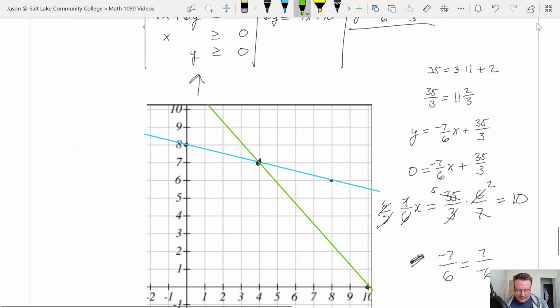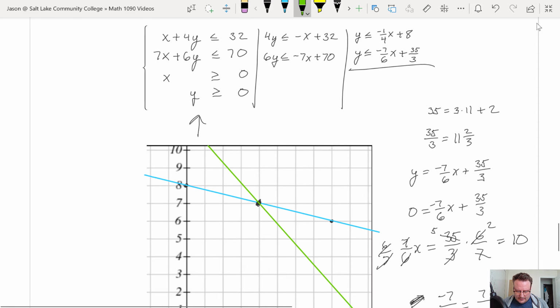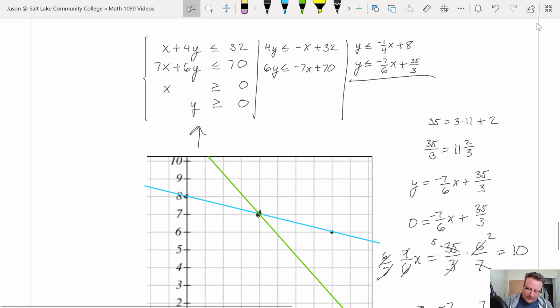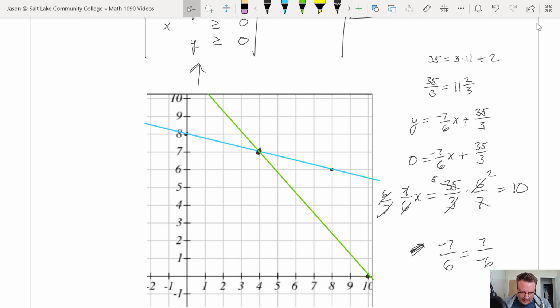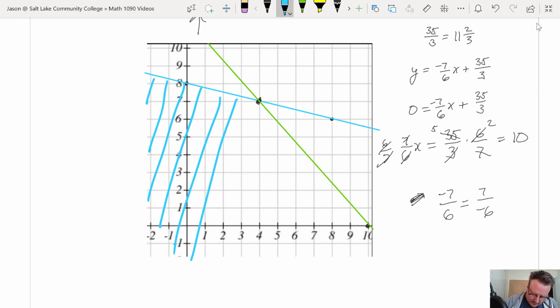Okay, now I need to find the region for both of these. Let's see, I'll do the blue one first. Does 0, 0 satisfy the inequality? Is 0 less than 8? Yes, it is. So that means I want everything below the blue line. Oops, I'm kind of missing some of it.